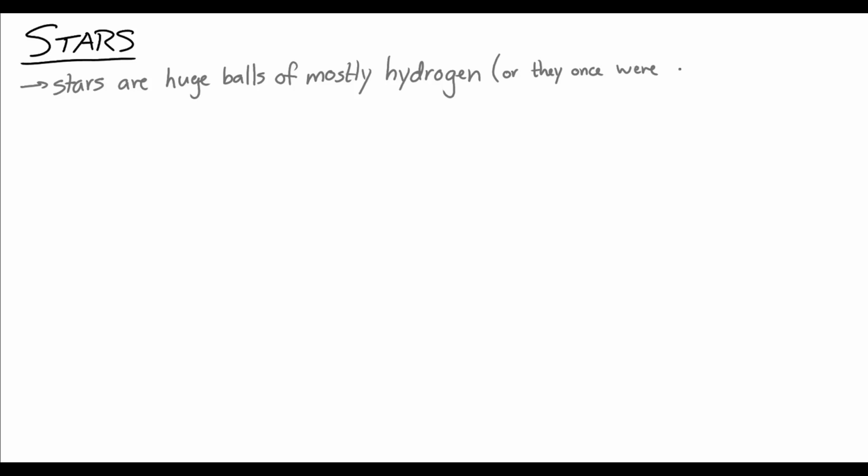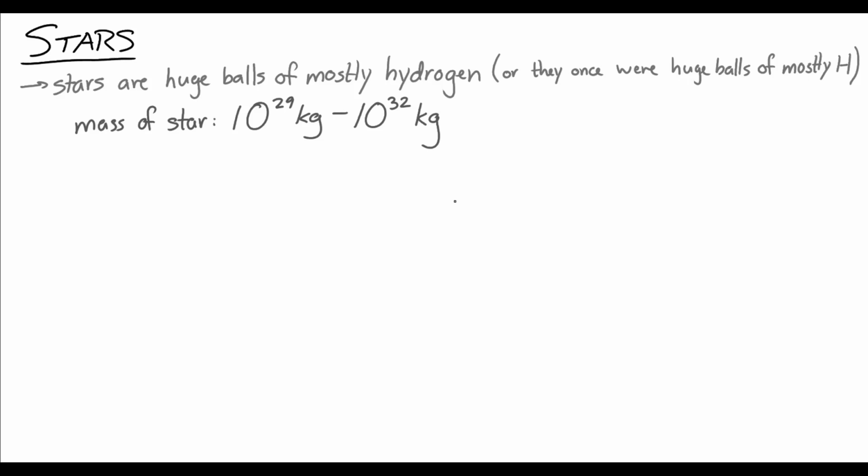Stars are huge balls of mostly hydrogen, or they're objects which once were huge balls of hydrogen. We'll talk about that a little bit later. The mass of a star can range from about 10^29 kilograms to 10^32 kilograms, which is about 1/10 the mass of the Sun to 100 times the mass of the Sun. And here I'm using this symbol M with a little circle dot.